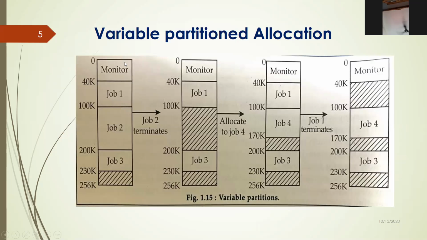See here the monitor and the jobs. In variable partition allocation, it starts from 0K, then 40K, 100K, 200K, 230K, 256K. From 40 to 100K, job 1 will be there, from 100K to 200K, job 2 will be there, and from 200 to 230K, job 3 will be there.